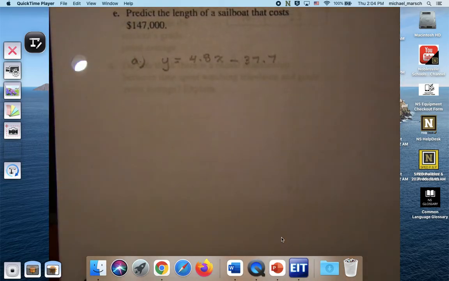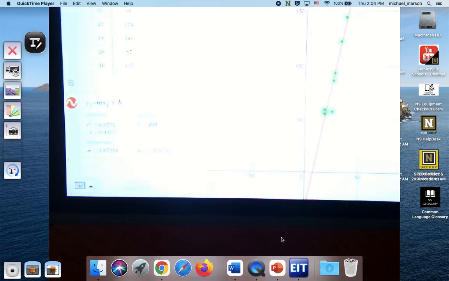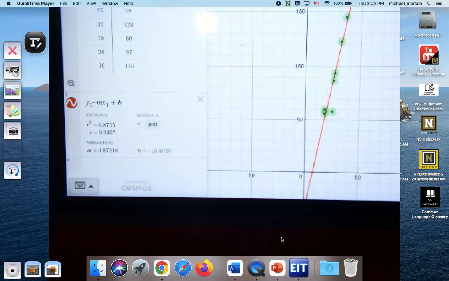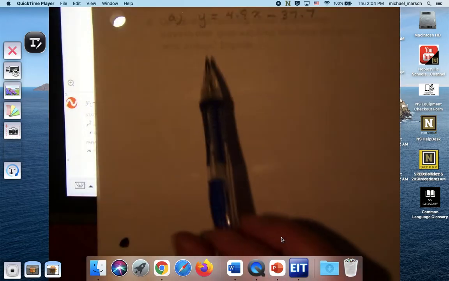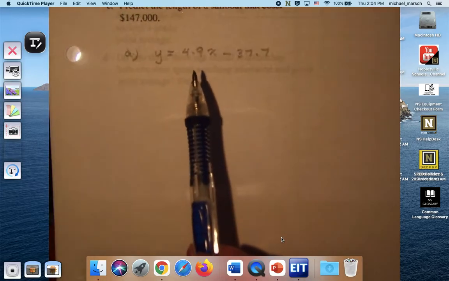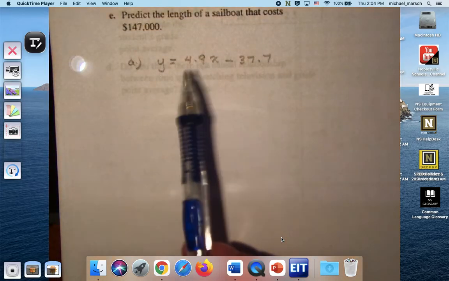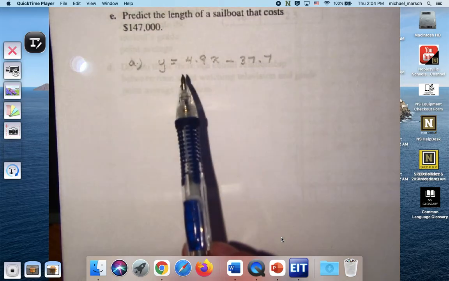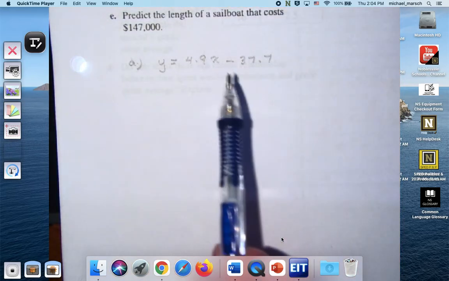Y equals, and I think Jackson will feel better if I change that to 4.9. So here's A. Here's the equation of my line, also known as my linear model, linear equation. They're all the same thing. Is everybody with me?